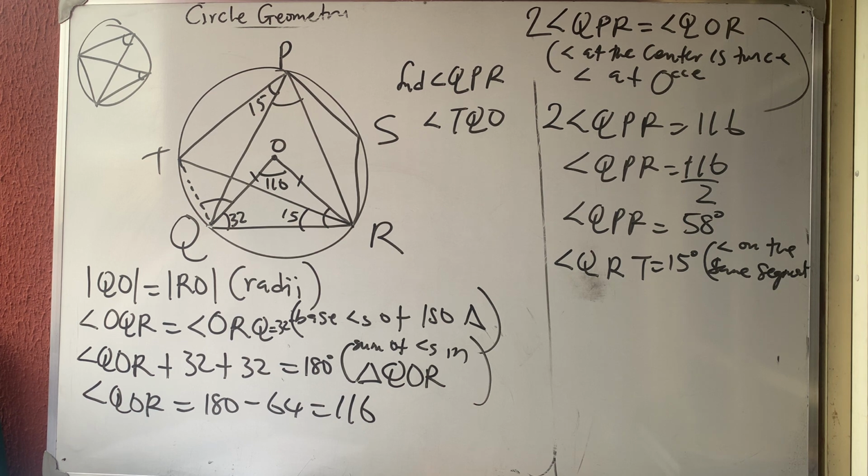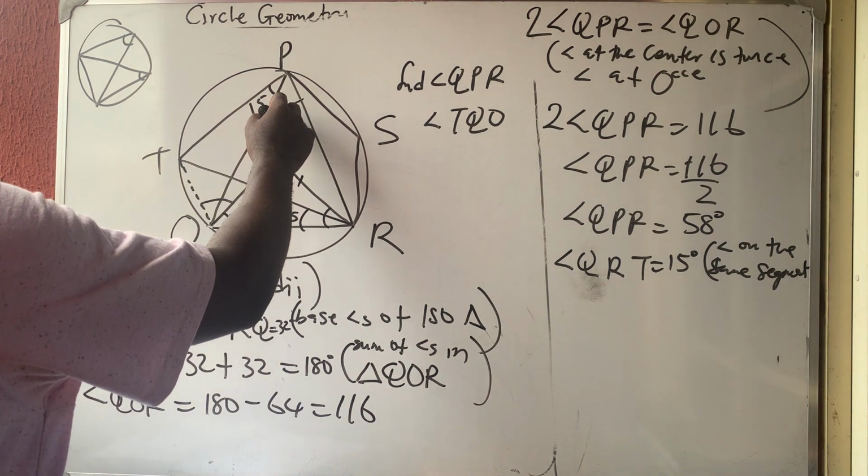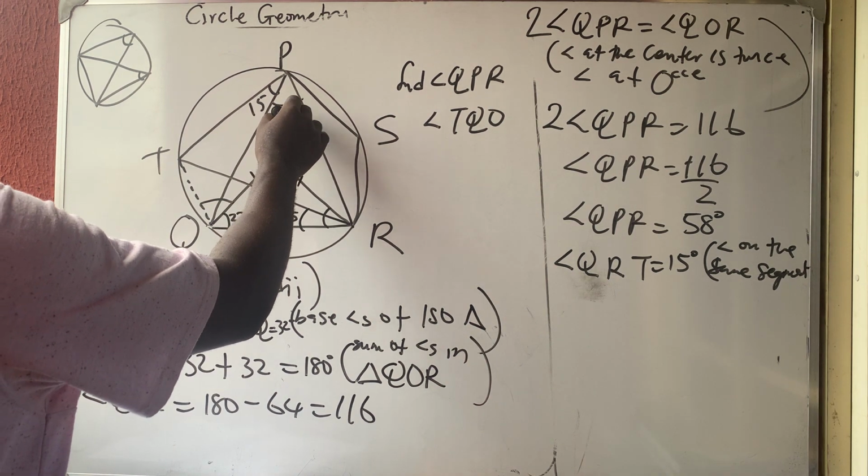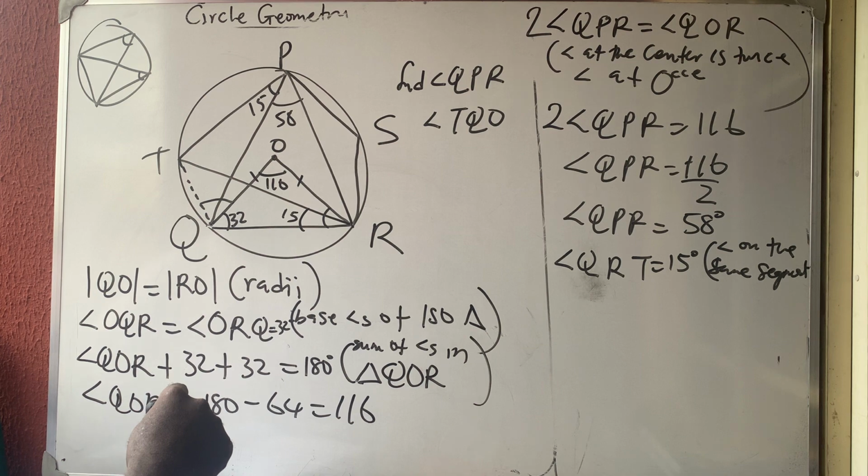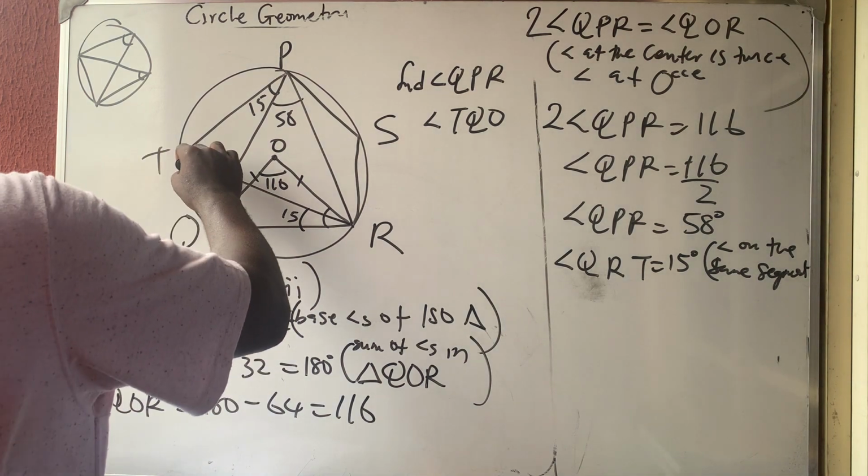Are we having any cyclic chord? Okay, we're having a cyclic chord, but how do we make use of it? So we've gotten here to be 58. And if here is 58, here must be 58.